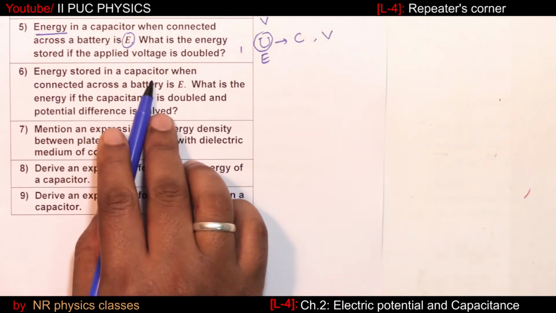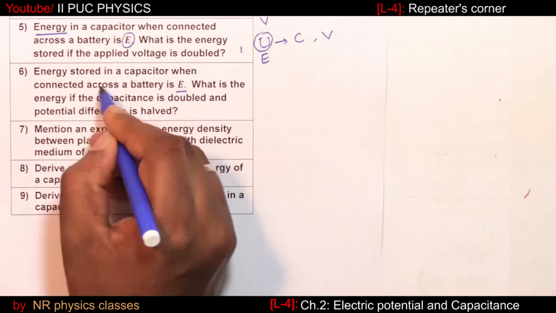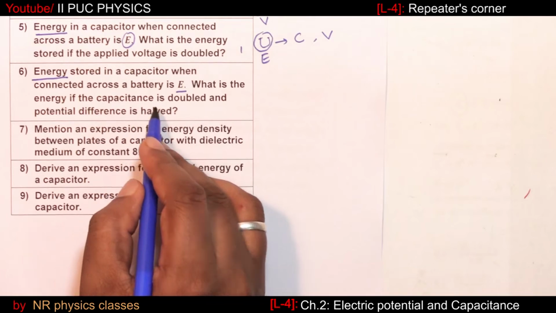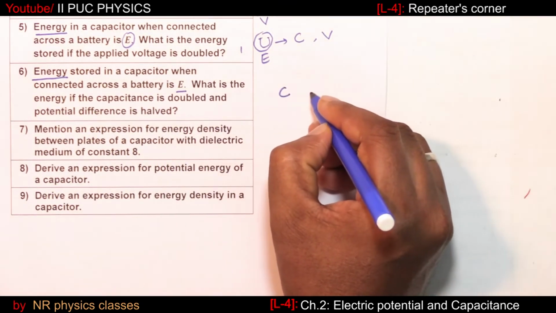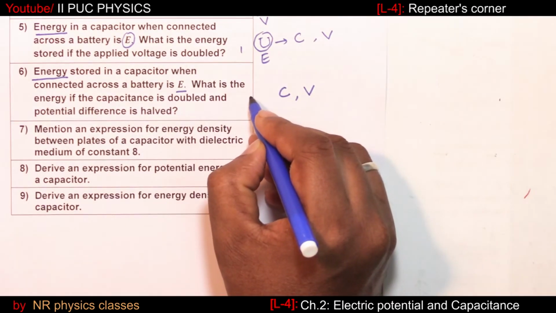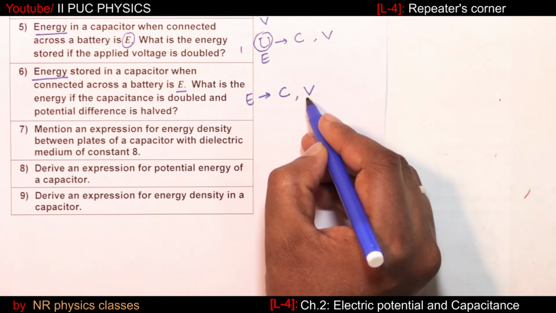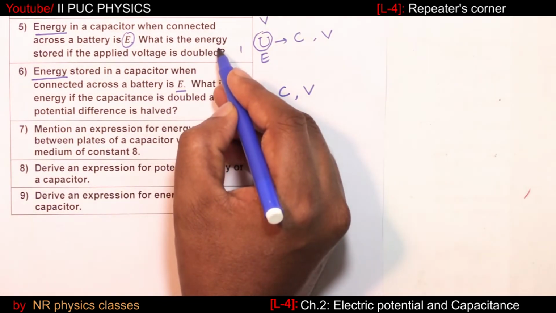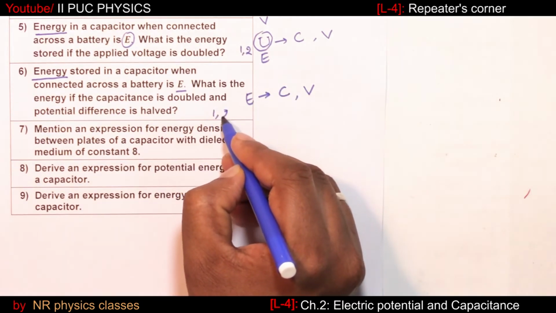What is the energy if capacitance is doubled and potential difference is halved? Capacitance is doubled, potential difference is halved, means find the expression for energy E in terms of C and V and apply these two conditions. This can be asked for 1 mark or 2 marks. Similarly, this is for 1 mark or 2 marks.